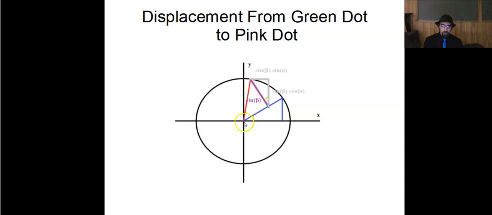So again, to go from origin to green dot, as we saw before, you go to the right by cosine beta cosine alpha and up by cosine beta sine alpha. And now you go up sine beta cosine alpha and to the left by sine beta sine alpha. So right, up, left.